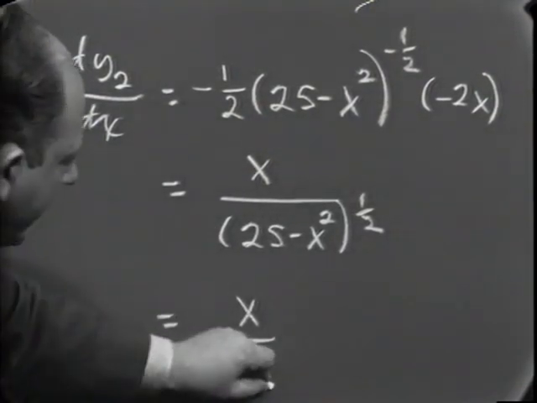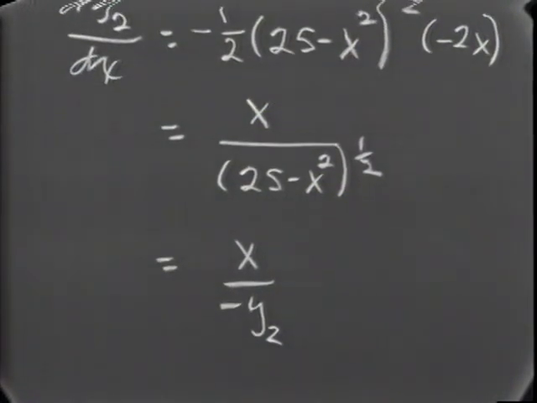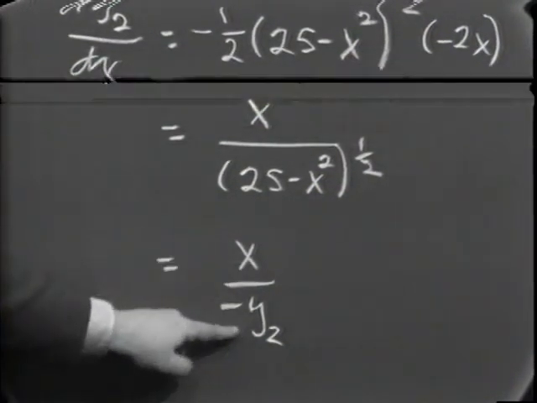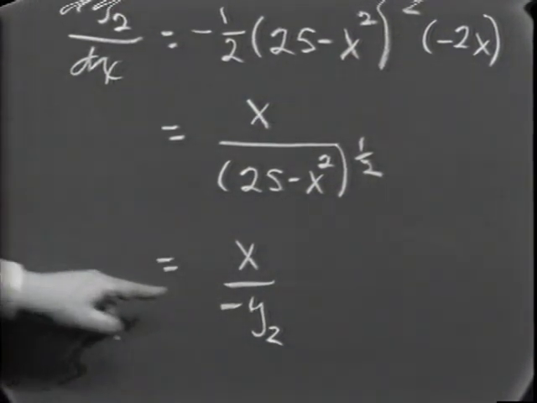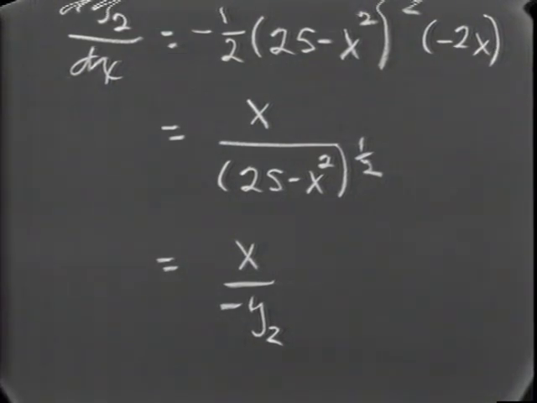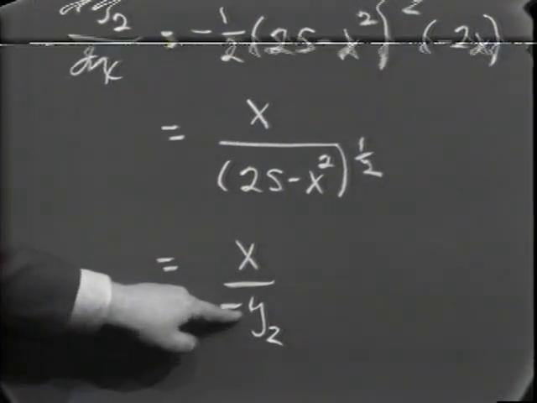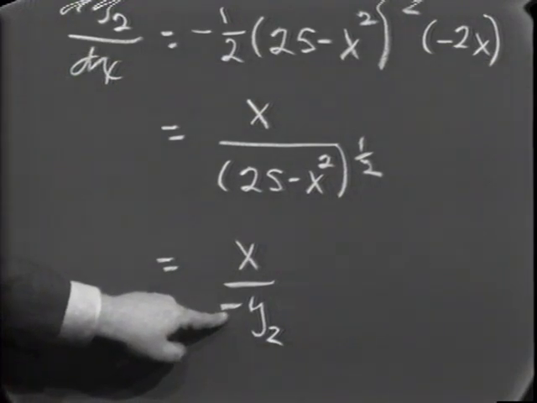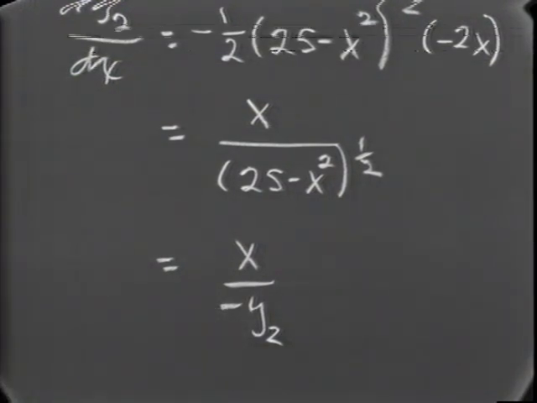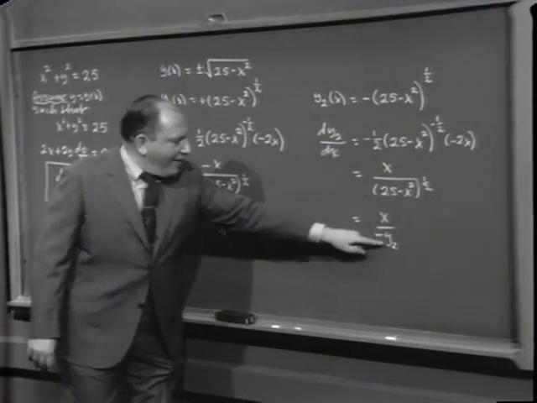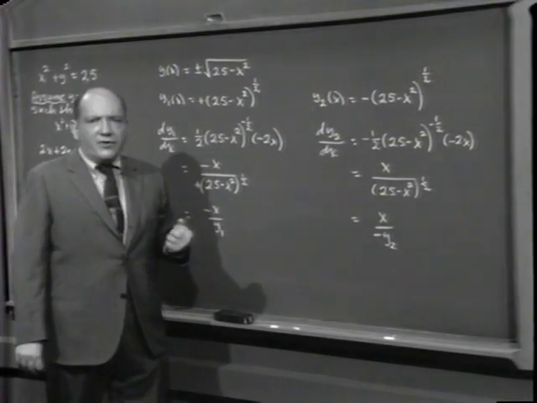So this is really negative y2. By the way, notice again that we get the same answer here as we did here. I like to keep the minus sign with the appropriate term. In other words, notice it was the fact that y2 was multi-valued that caused us to have two different possibilities here in the first place.